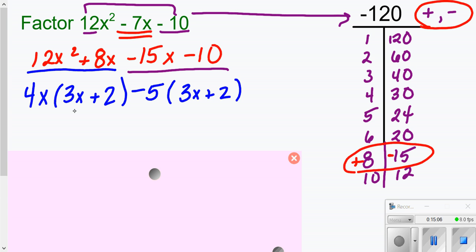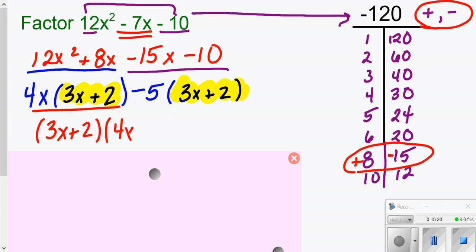So take out the parenthesis as if it were a greatest common factor. If out of this first chunk I take out 3x plus 2, I am left with 4x. And if in this second chunk over here I take out 3x plus 2, I'm left with minus 5. Okay, so there's my factored form.